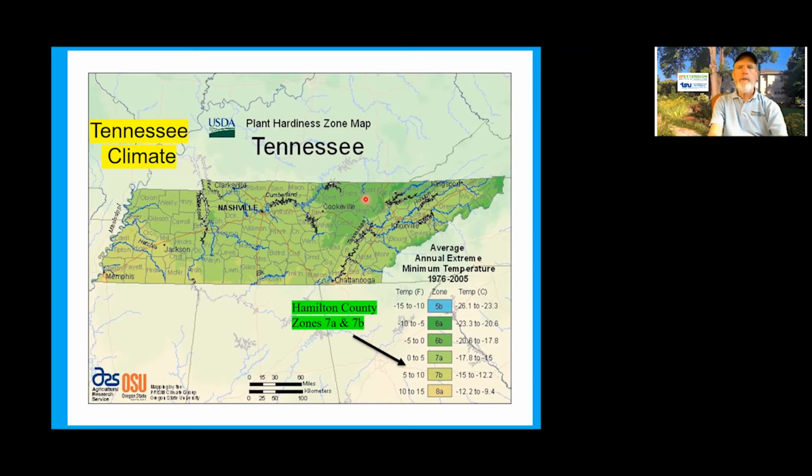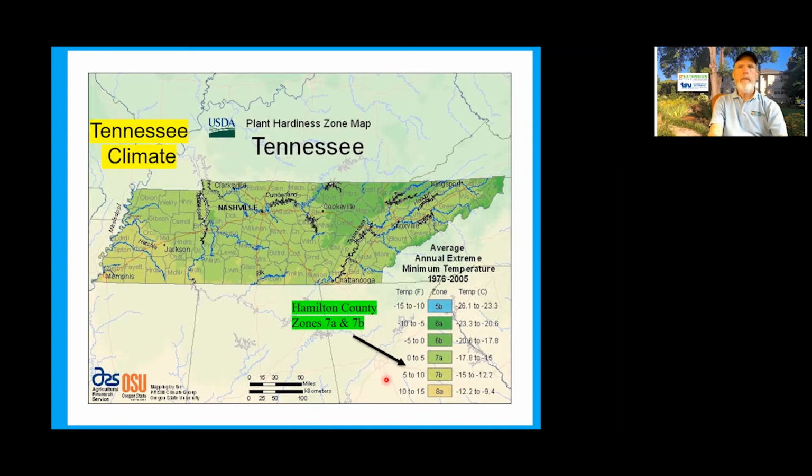So what all this means, and if we got up into higher areas, we would get maybe into the blue 5B, and that would mean a lot of those plants either would grow or wouldn't grow. Some plants, some trees like it cooler, some plants like it warmer. Down in Georgia, or as we get down into Florida, those might get into the tropical areas.